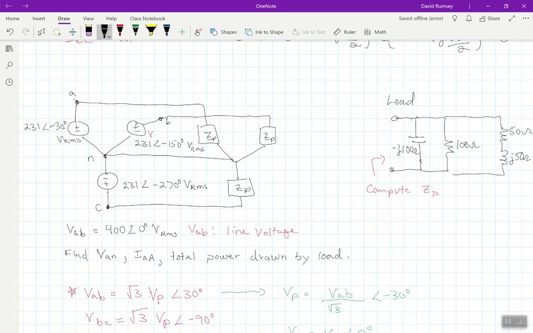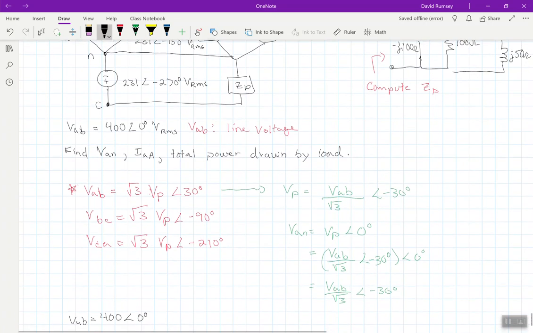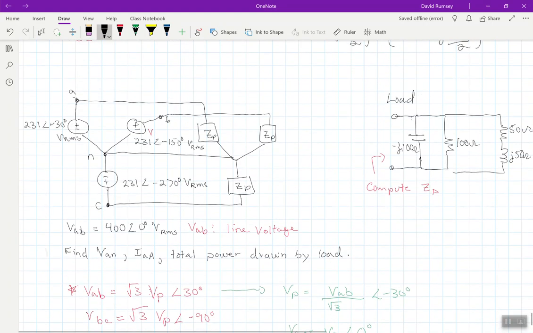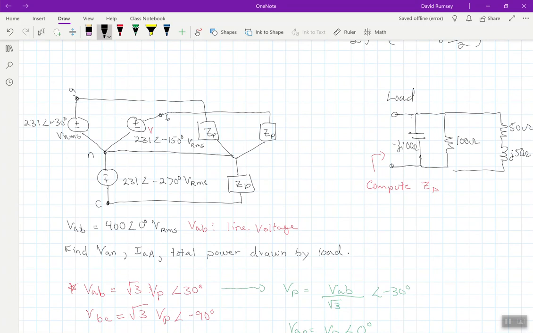So that's why you only really need to find VAN from a line voltage. And the reality is you can kind of be given any of the line voltages in order to figure out what VAN is using these formulas right here. And then once you have VAN, you get the others just by doing a phase shift.